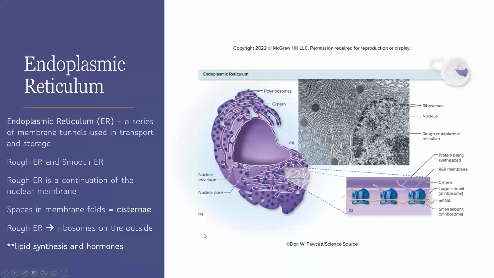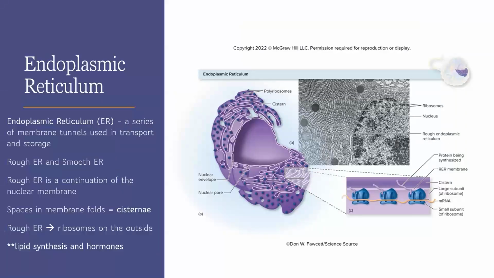The endoplasmic reticulum is a series of membranes used to transport and also used in storage. It's going to be continuous with the nuclear membrane and comes in two varieties, the rough and smooth endoplasmic reticulum. These spaces in between those membrane folds are referred to as cisternae.